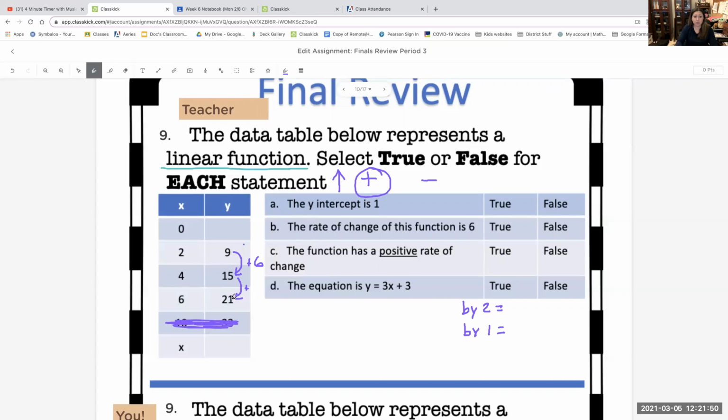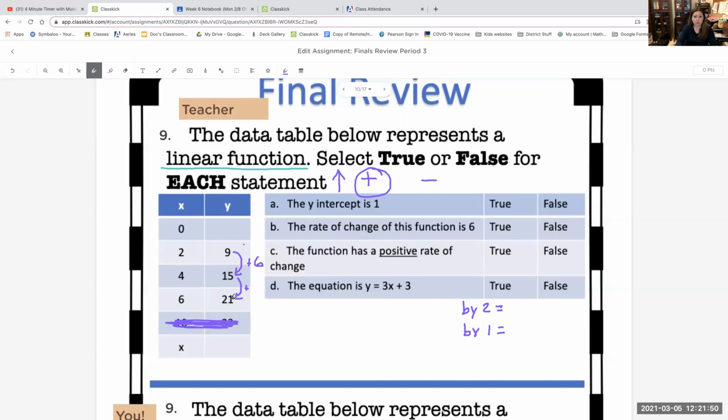But I want it by 1 so I can find out what my rate of change is. How can I figure that out? I'm going to take this 6 and divide it by 2. 2 goes into 6 how many times? 3. So I know my rate of change is 3.